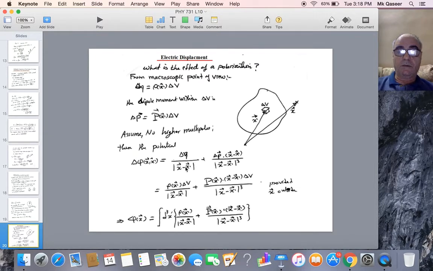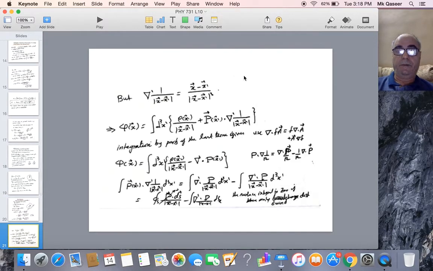Now substitute for delta Q by rho times delta V, and for delta P, the dipole moment, in terms of the polarization, P times delta V, and then integrate over the volume V. Note that the gradient prime of 1 over x minus x prime is given by this, so substitute this in the previous expression and perform the last integration by parts using this identity.